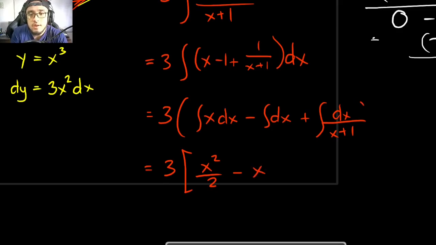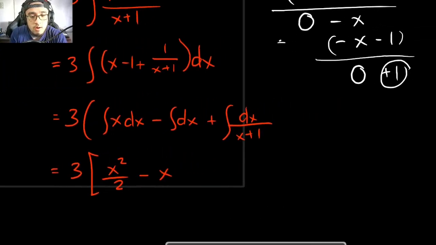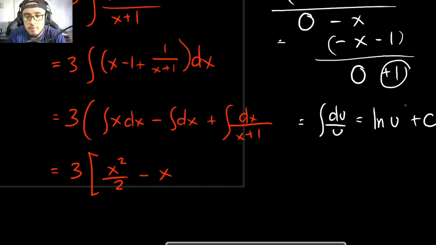And as for this one right here, we can actually use our logarithm formula here, since in logarithm formula, the integral of du over u is equal to the natural logarithm of u plus c. And as you can see here, our u is equal to x plus 1, and our du right now is to be equal to, so what is to be the derivative of u?